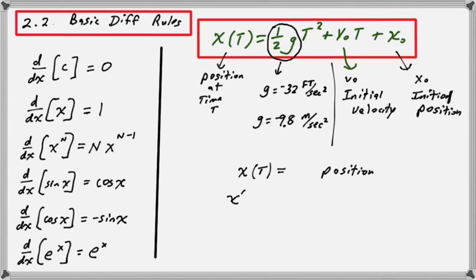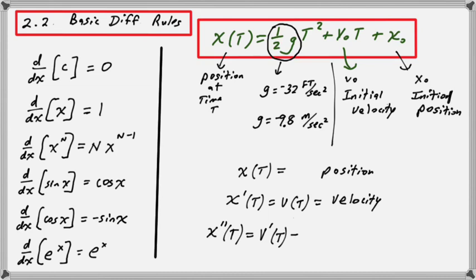The derivative of position is called velocity. And if you were to take the derivative of velocity, which happens to be the second derivative of position, you would end up with acceleration.